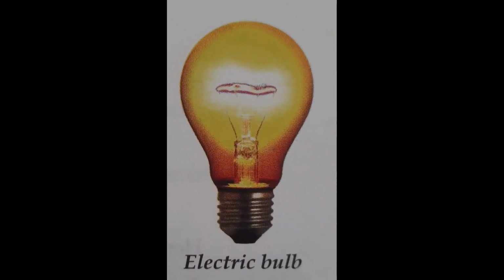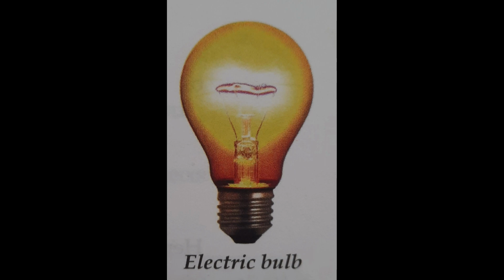In an electric bulb, the electrical heating is used to produce light. When electric current passes through a thin, high resistance tungsten filament of an electric bulb, the filament becomes white hot and emits light. Due to this reason, the bulb filament should be thermally insulated as much as possible using insulating support inside the bulb.